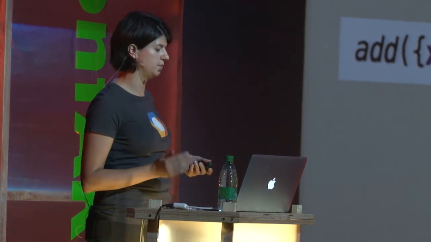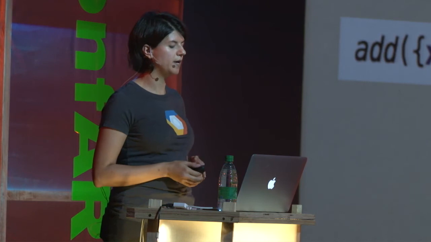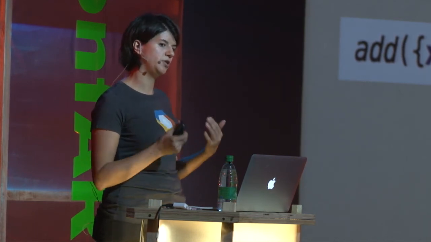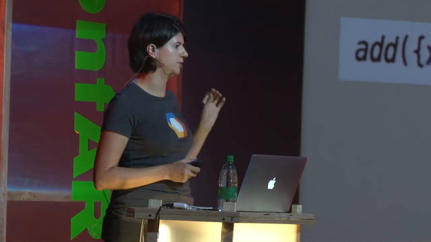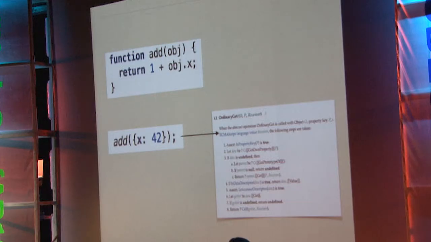And since there's a property lookup inside the function, object.x, the compiler follows all the steps in the specification to generate machine code that matches exactly what the specification says should happen when you try to access a property. So it compiles machine code for this long, complex list of steps.